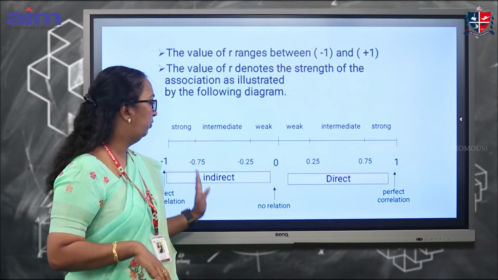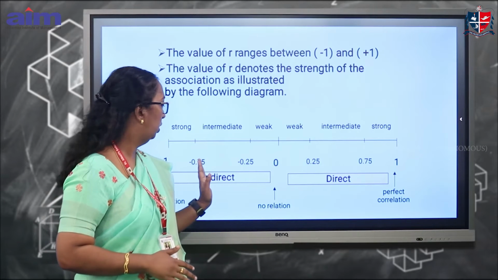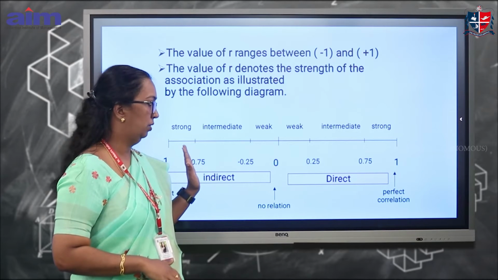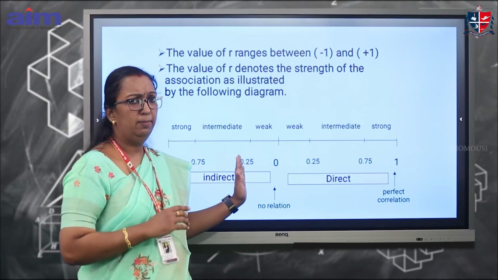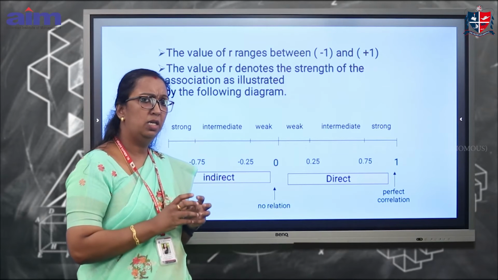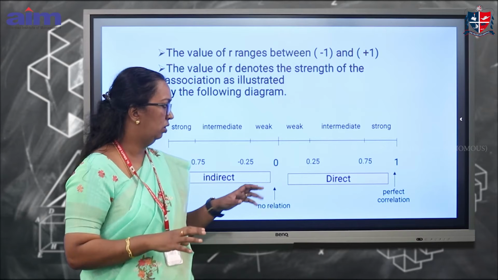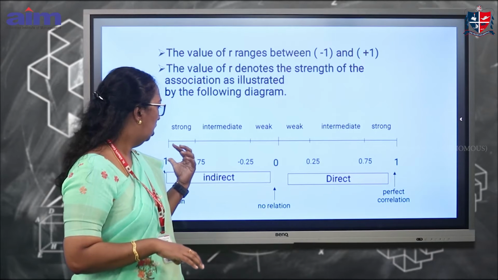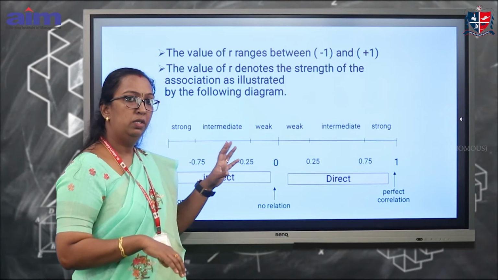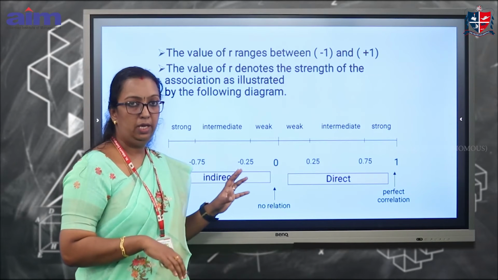For example, if you are getting an r value of 0.75, that means it is a strong correlation. If you are getting between 0 and 0.25, then it is a very weak correlation. Any value between 0.25 and 1 is comparatively okay.